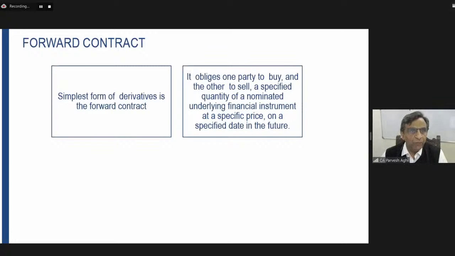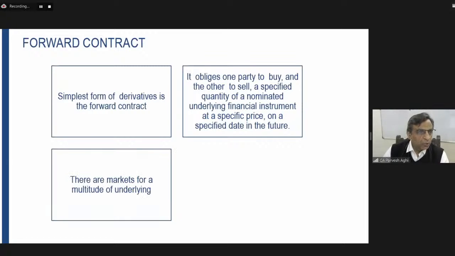A specified quantity means, say, 1 lakh pounds or 1 lakh dollars. You fix a price today of a foreign currency for a specified date in the future, at which you will buy or sell that currency.